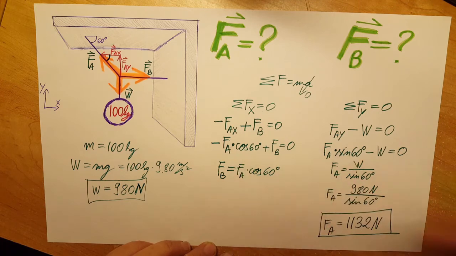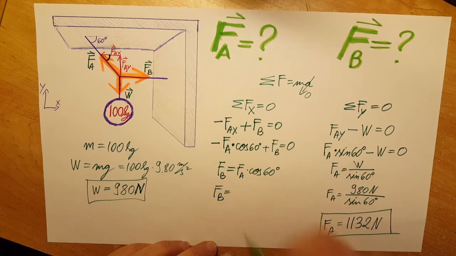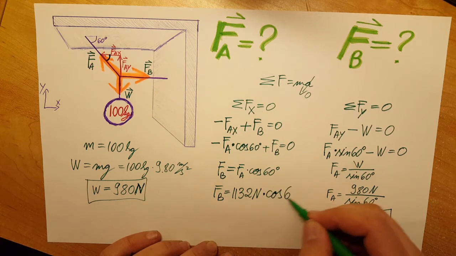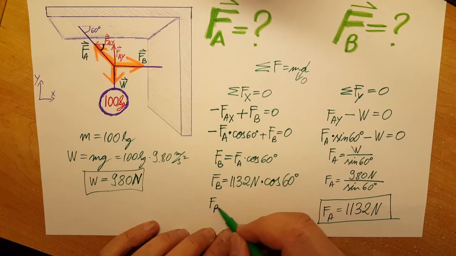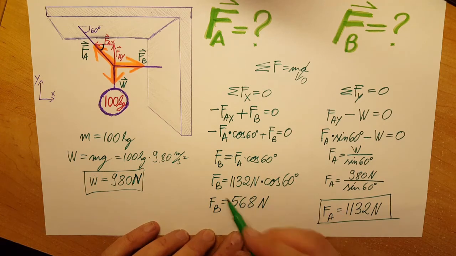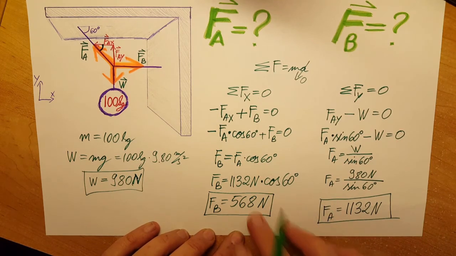There you go, we just move it to the other side and we're ready to go. FB equals FA from here, 1132 newtons times cosine of 60. Now with the calculator we can go ahead and find the value, which is 568 newtons. There you go, we have the two forces.